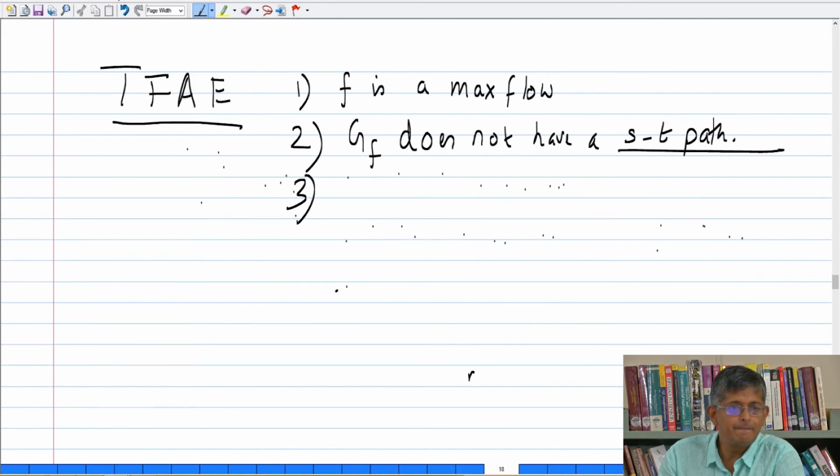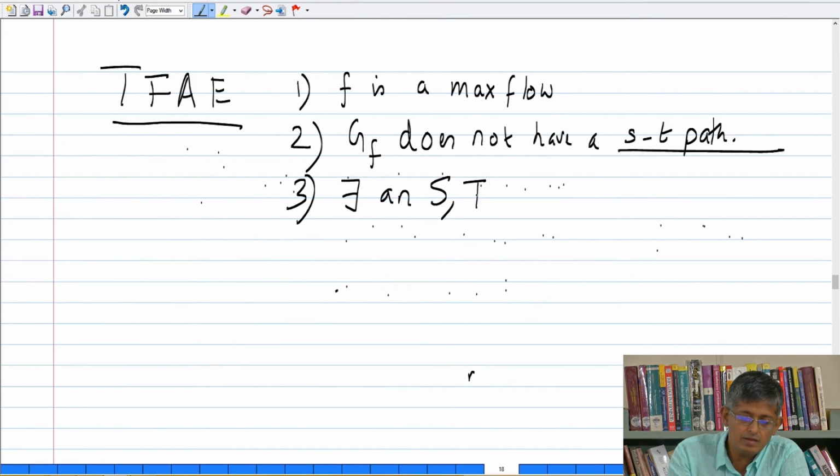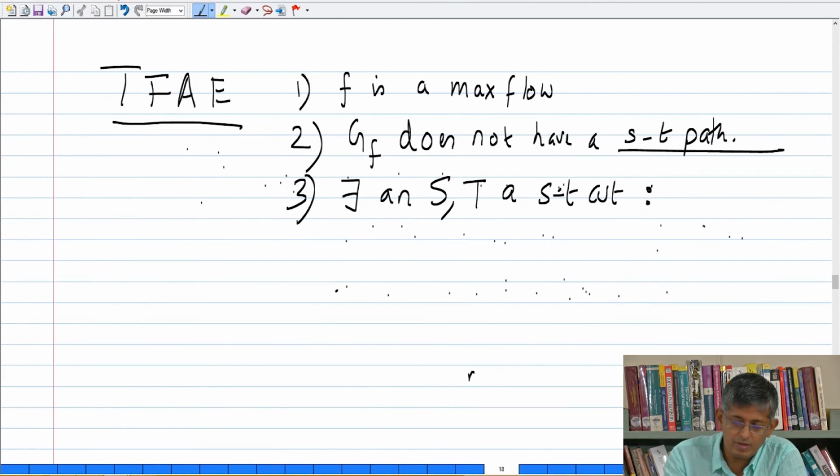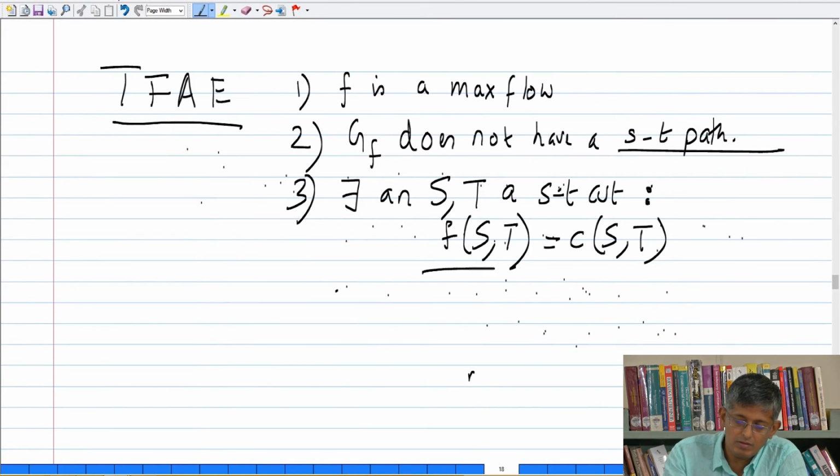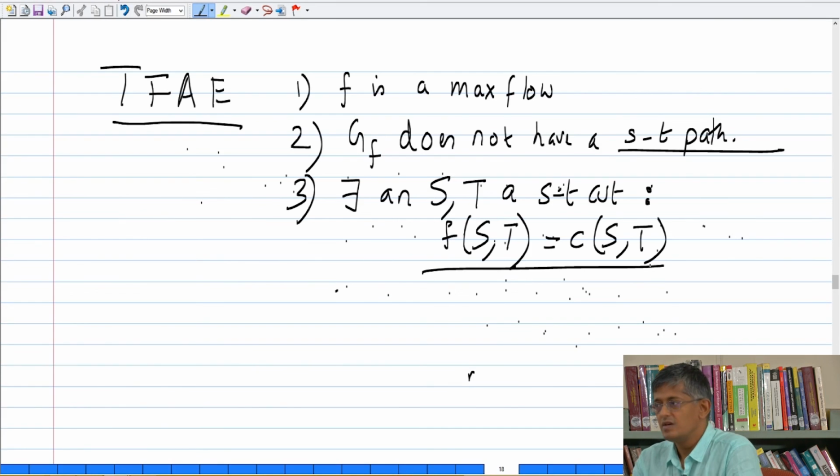3, there exists an S comma T cut such that f of st is equal to the capacity.